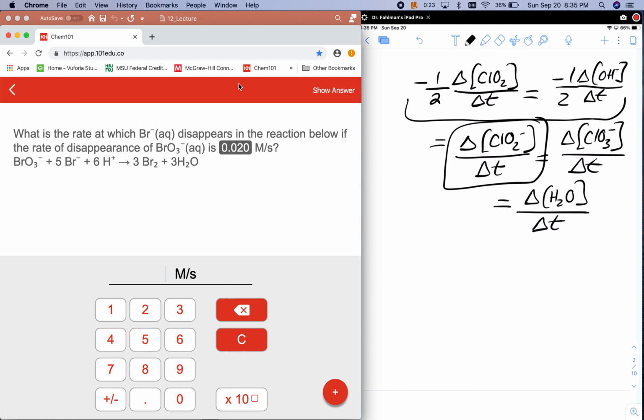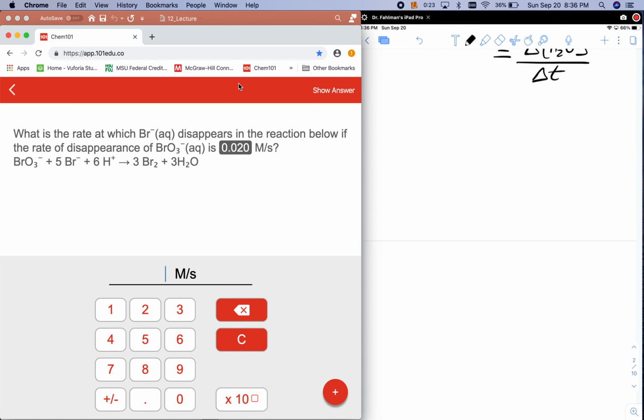Okay, what is the rate at which bromide ion disappears in the reaction below if the rate of disappearance of bromate is, and then you're given the certain concentration versus time. And so the actual rate that is going away. All right, so for this, you're concerned with bromate and bromide, so you should write those two expressions down.